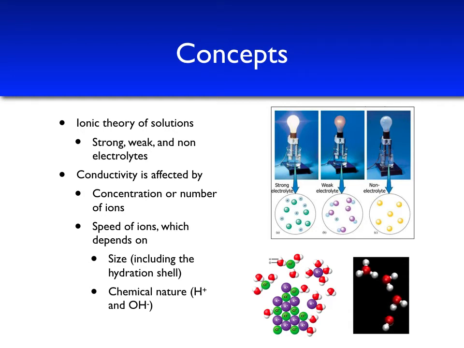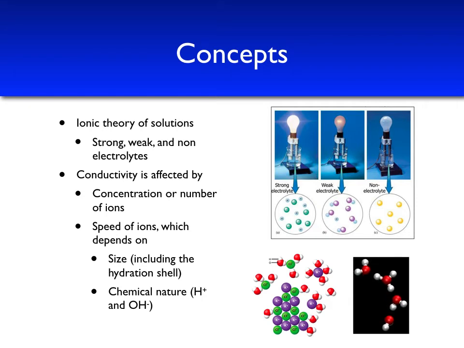This can be seen in the GIF on the right, which shows the movement of a proton through the hydrogen bonding network of the water molecules. Therefore, we expect H+ and OH- to have a much higher conductivity than other ions in solution because of this shortcut it can take when moving the charge through the solution.